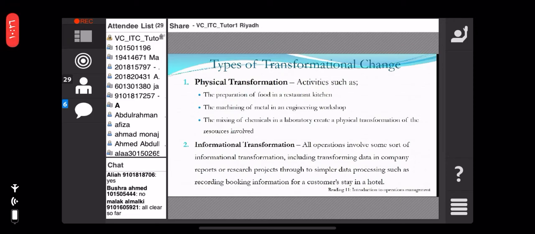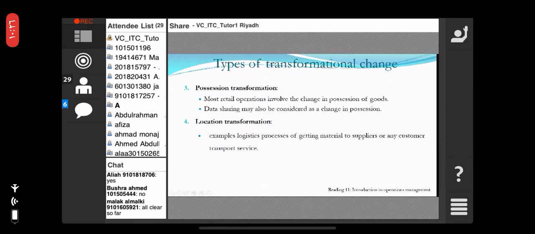That's why all operations involve some sort of information transformation, from data in company reports or research projects to simpler data processing such as recording booking information for customers staying in a hotel. You are visiting another city, let's say, and you make a reservation in a hotel. Information is transformed. So this is information transformation.